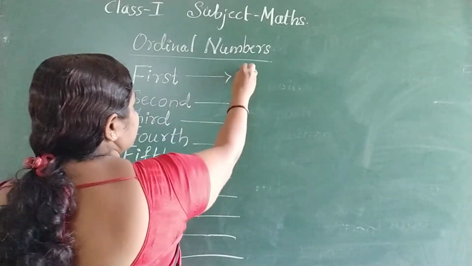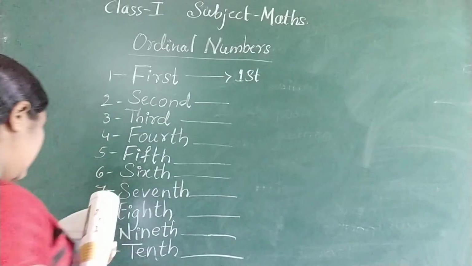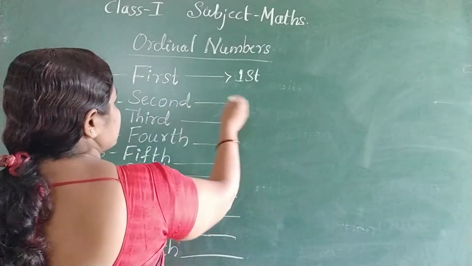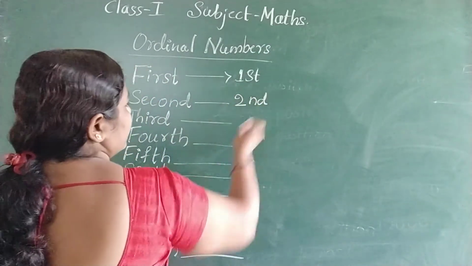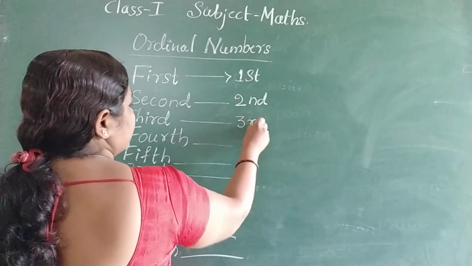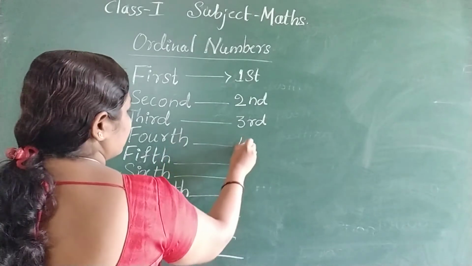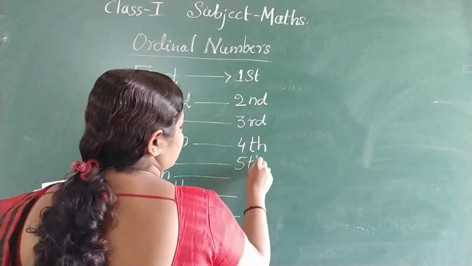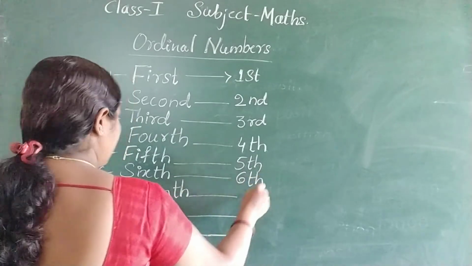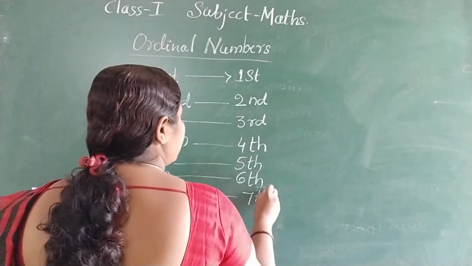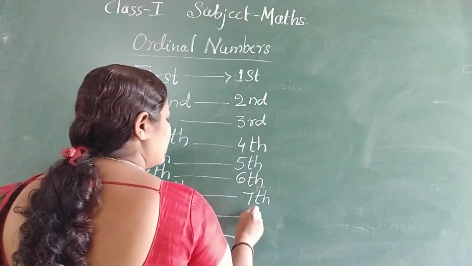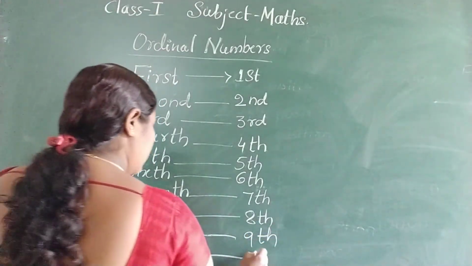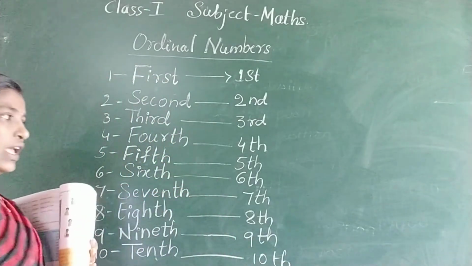So, the short form of 1st is 1 and ST. Write 1, and after this you write the suffix ST. 2nd, write 2, write ND. 3rd, 3 RD. 4th, 4 TH. 5 TH. 6 TH. 7 TH. 8 TH. 9 TH. Then 10 TH.